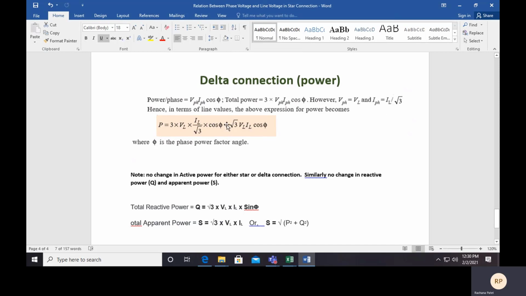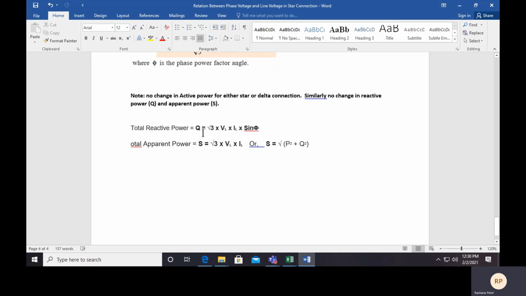Using this modification in the power formula, we can further write the formula in terms of √3 VL IL cos phi. What have we observed? We have observed that there is no change in the active power formula for star as well as for delta connection. Same way, no change for the reactive and apparent power also.